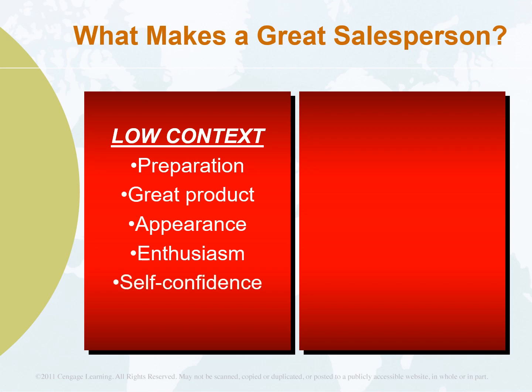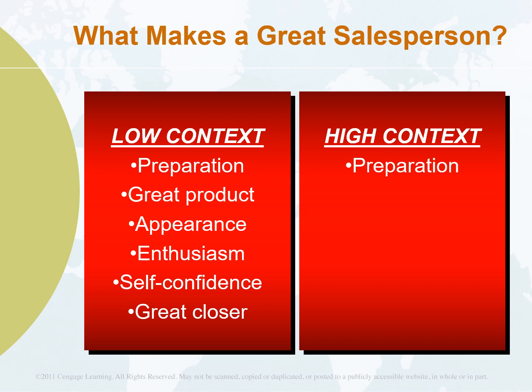The self-confidence of a salesperson, very important. And the great closer, you have to be able to close a deal. In a low context society like the United States, these are the most important things: preparation, great product, appearance, enthusiasm, self-confidence, and a great closer.